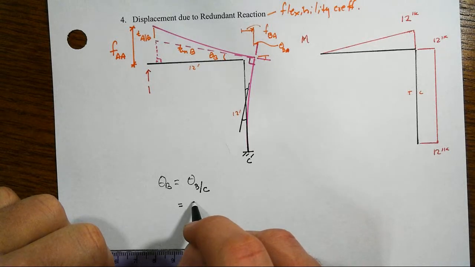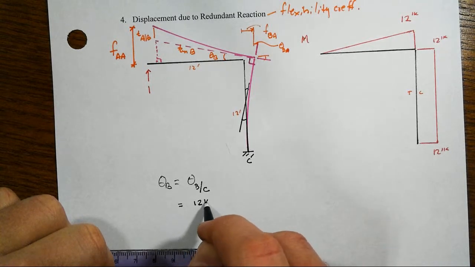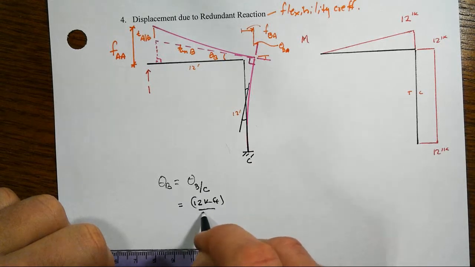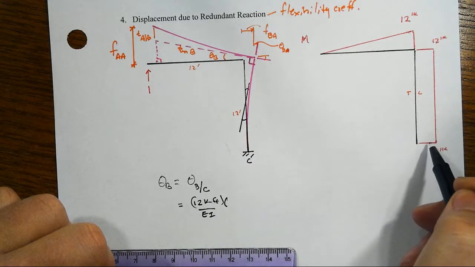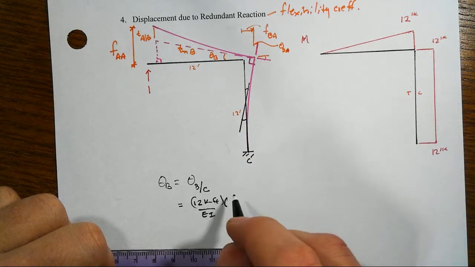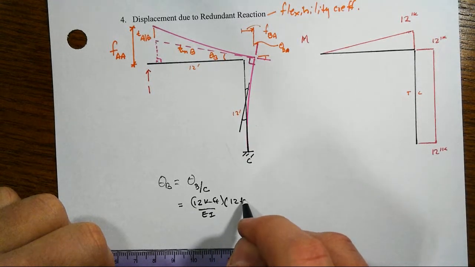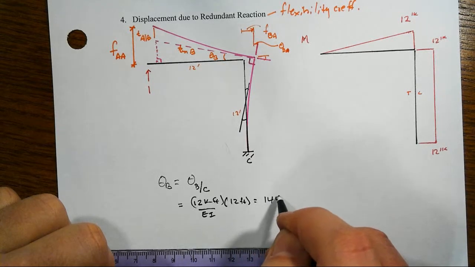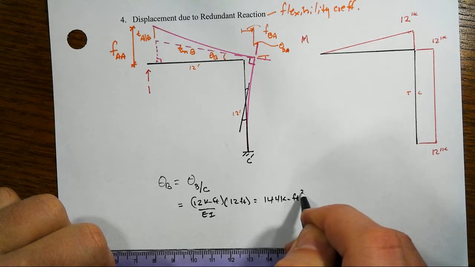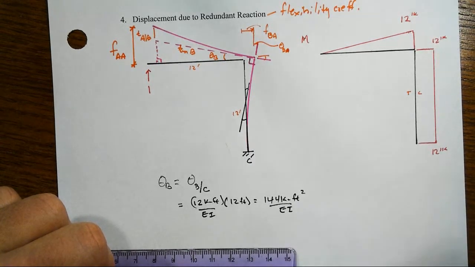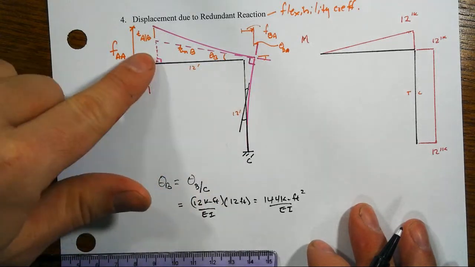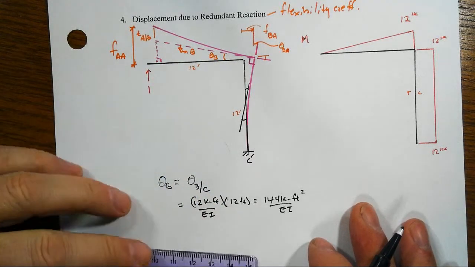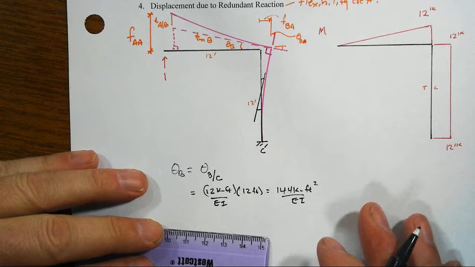That's 12 kip-foot over EI, uniform all across the height, times 12 feet, and that's 144 kip-foot squared over EI. So this portion of FAA we've effectively almost just gotten here. We'll come back to that in just a little bit.